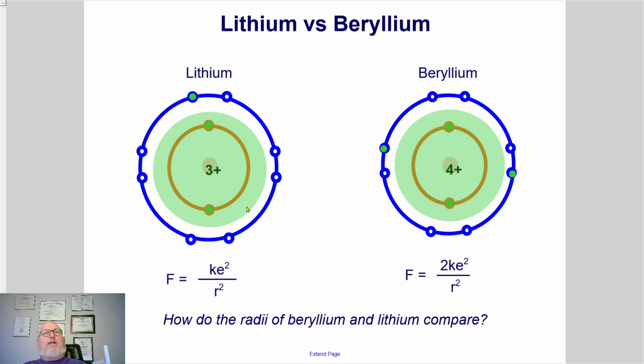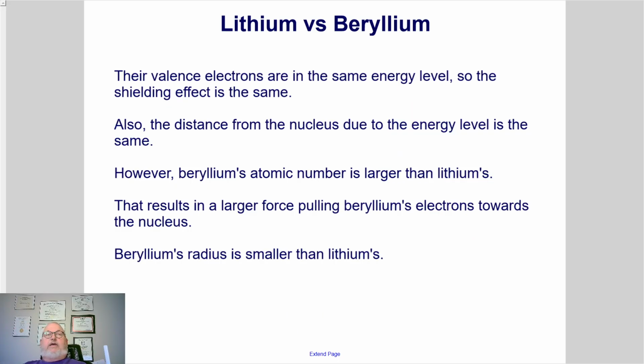Beryllium would be smaller because the positive nucleus is sucking in on those valence electrons. Because they're on the same energy level, shielding is the same, and the distance is the same, but beryllium will be smaller because of that higher electrostatic pull from the positive nucleus.